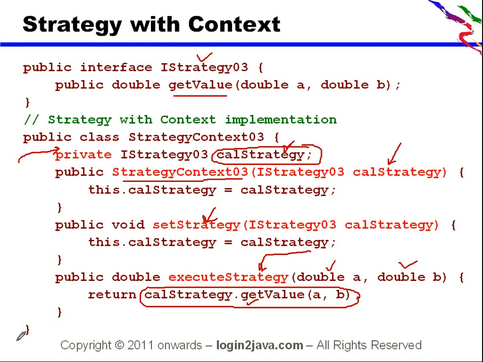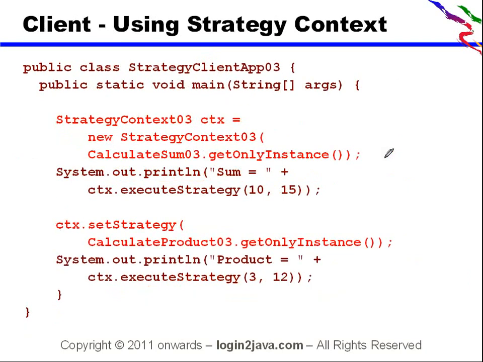So this is another variation where we can have the same context data available to different strategies. Now simply you can imagine the use: for the first time, we can create a new context where we can pass our strategy, such as sum getInstance, which depicts that we are using a singleton strategy object.